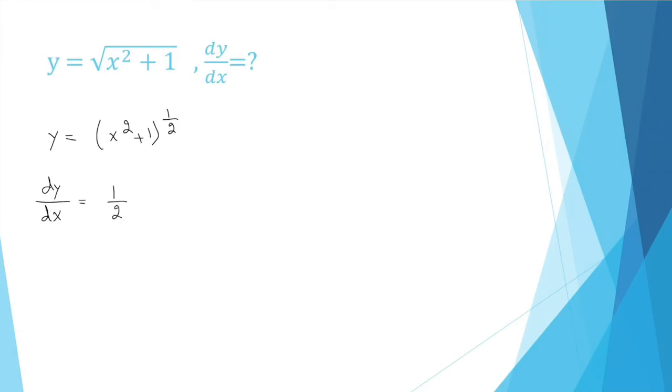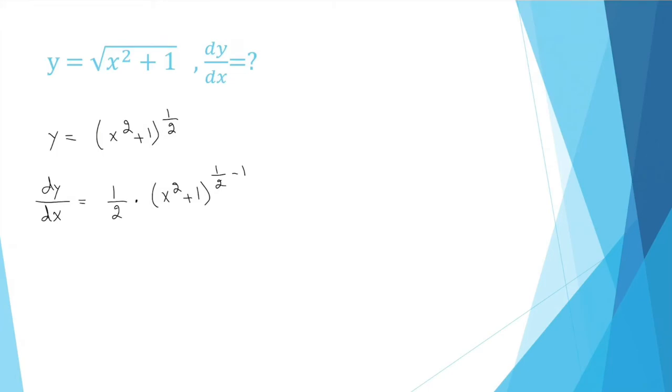According to the power rule, I need to move the 1/2 right here as a constant coefficient, reduce 1 from the exponent, so 1/2 minus 1 with whatever I had. If I had x here, I would move it as x. I would leave everything as x right here. So I move everything down and I'll reduce 1 from the exponent.